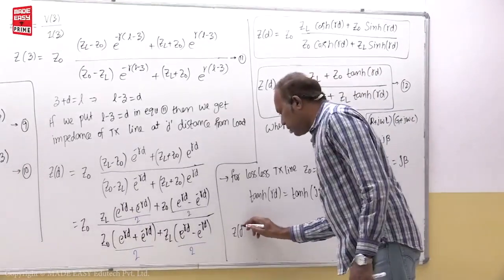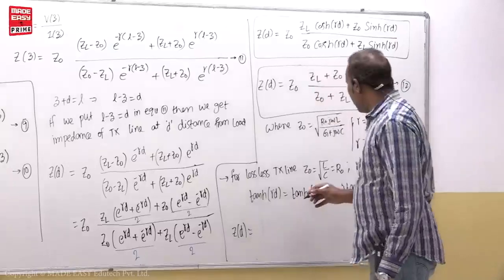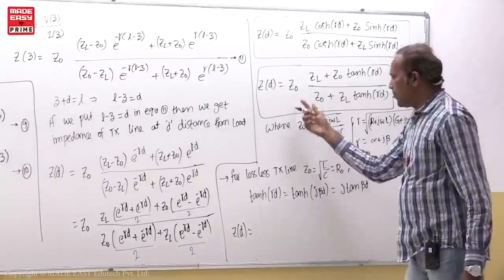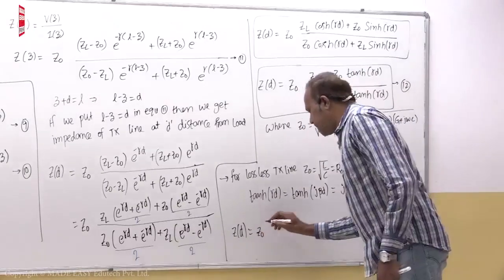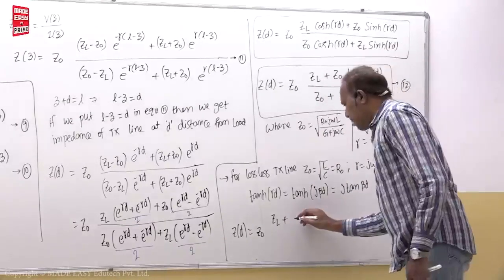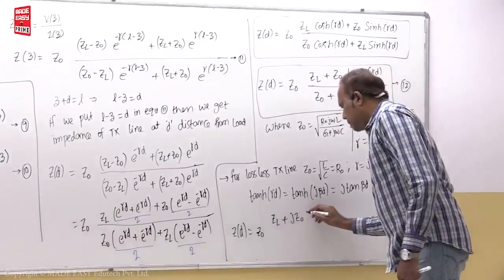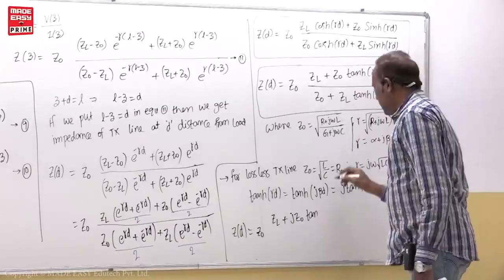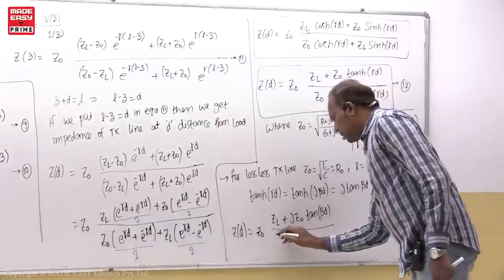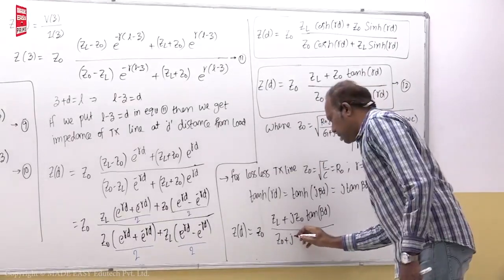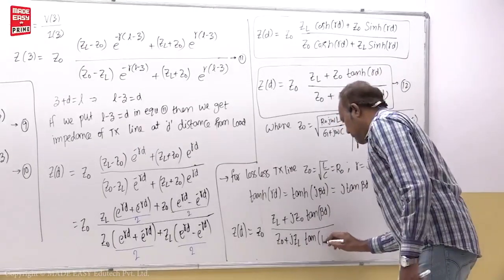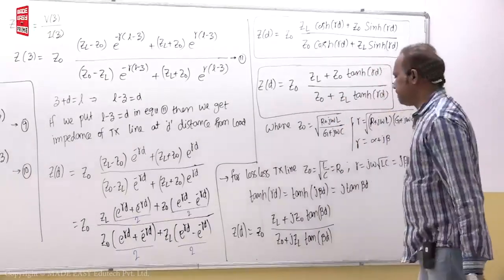Z of d is equal to, even though it is real characteristic impedance, you can write Z naught only, no problem. So Z naught, then ZL plus j Z naught tan beta d divided by Z naught plus j ZL tan beta d.